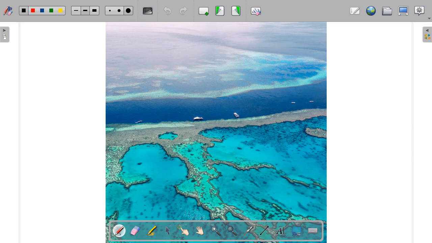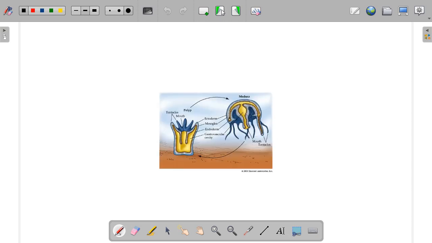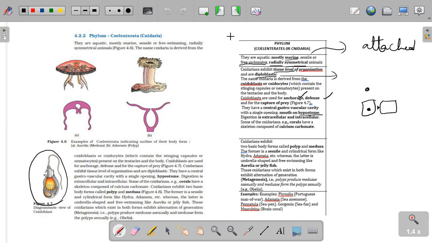What you're observing is made up of the house of cnidarians, because they have an outermost coating which is very hard in nature, made up of calcium. You can see they have mentioned here calcium carbonate. The body of the cnidarians has calcium carbonate.